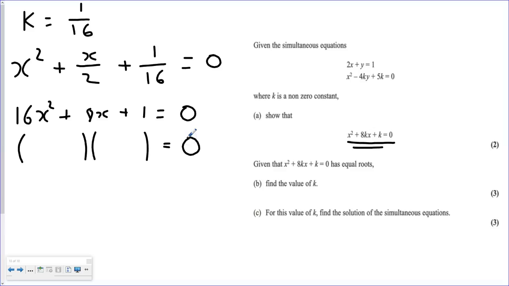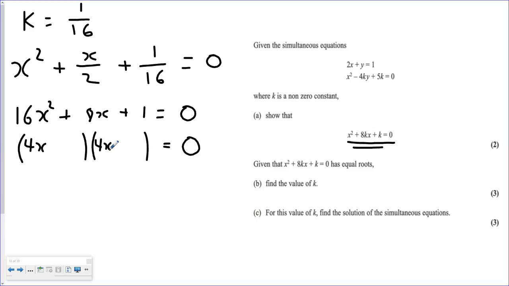So there's only one expression that's going to be in both brackets. The same expression will be in both brackets, because there's only one solution to this. So the only way I can have the same expression in both brackets is if I have 4x here, 4x here. So at first it looks daunting because you're thinking, well, 16x squared, I could do 16 times 1, 8 times 2, 4 times 4.